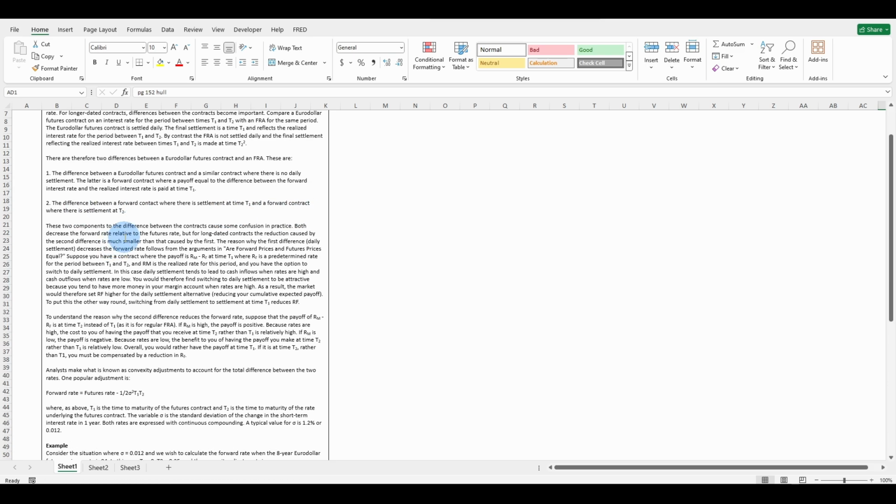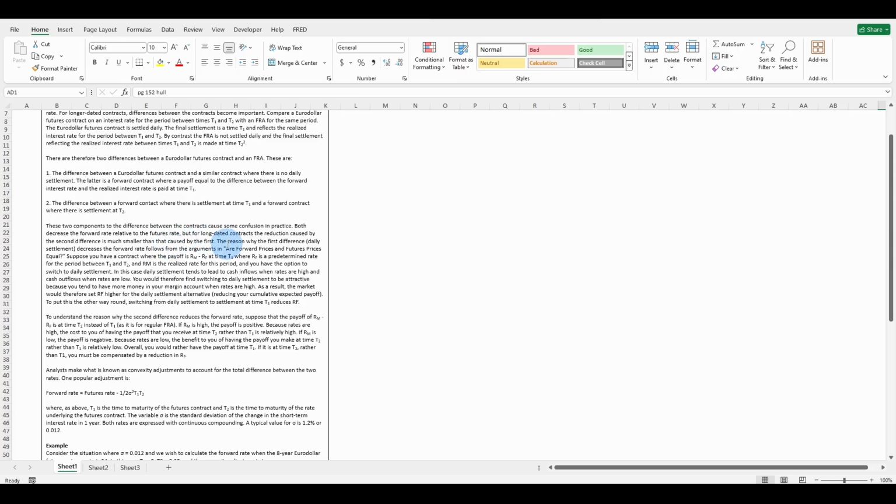These two components to the difference between the contracts cause some confusion in practice. Both decrease the forward rate relative to the futures rate, but for long-dated contracts, the reduction caused by the second difference is much smaller than that caused by the first.